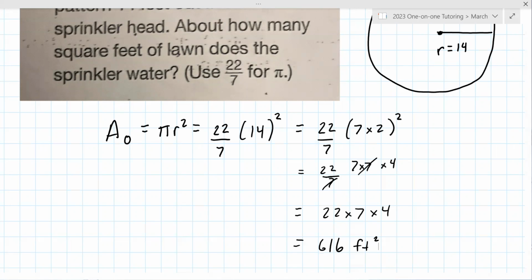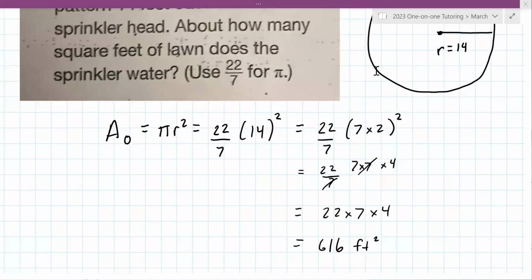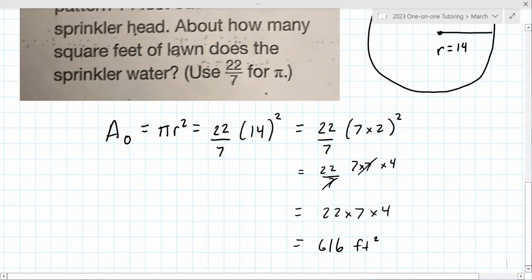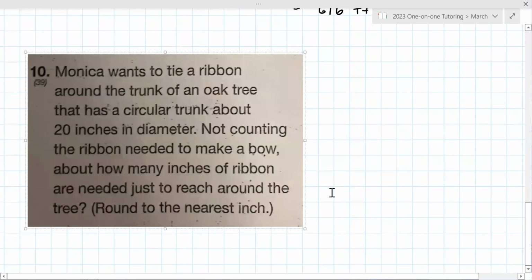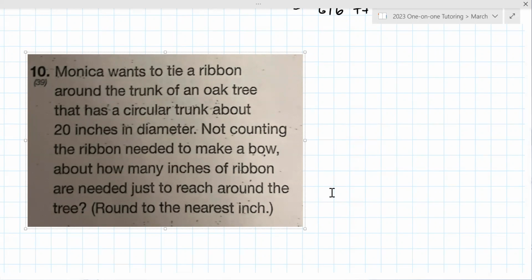Okay. And then 10. All right, number 10 here. Monica wants to tie a ribbon around the trunk of an oak tree that has a circular trunk about 20 inches in diameter.